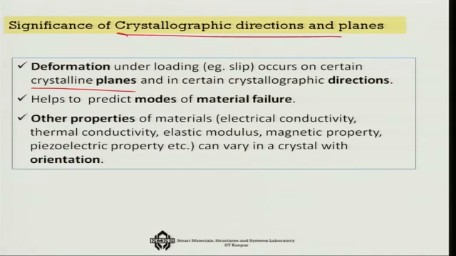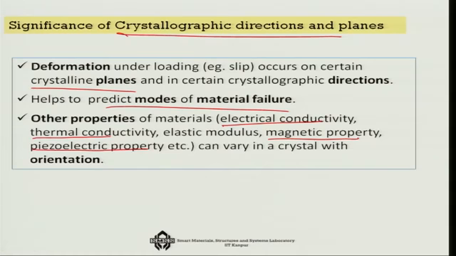Once we know what these so-called crystal planes are, it also helps us to predict the modes of material failure, which we will talk about when we discuss the failure of various types of materials. And there are also other non-mechanical but important material properties like electrical conductivity, thermal conductivity, magnetic property, piezoelectric property.